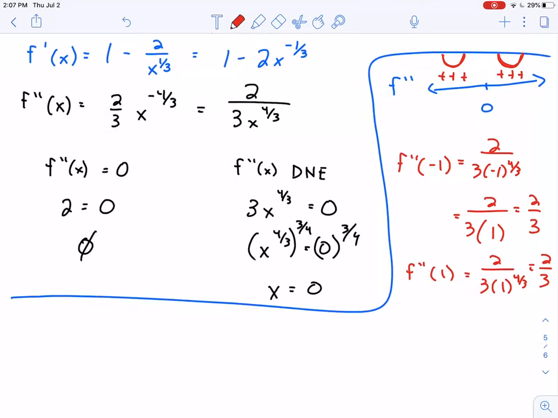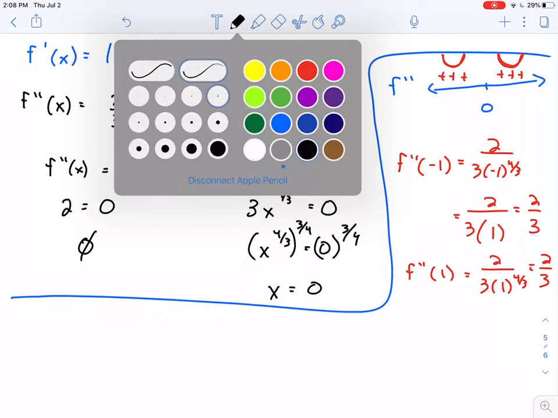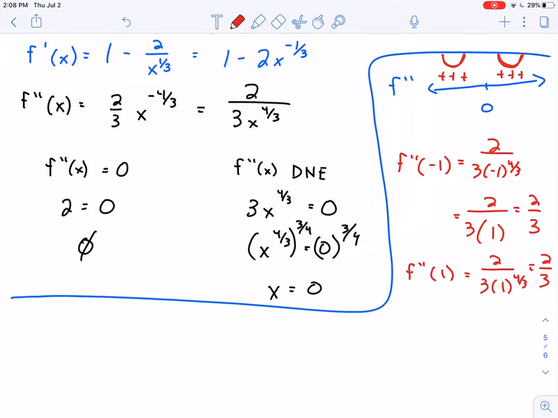My function must be concave up there. So my function is concave up almost everywhere. Oops. My function is concave up on negative infinity to 0 and 0 to positive infinity. Be careful here. We actually don't have any inflection points because our second derivative is not changing sign. So we have no inflection points.